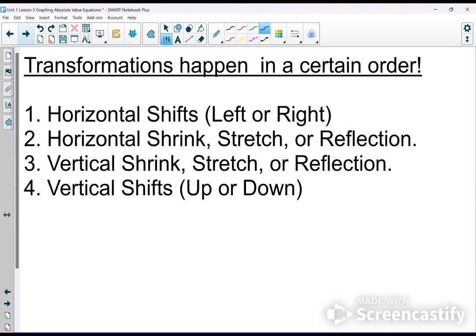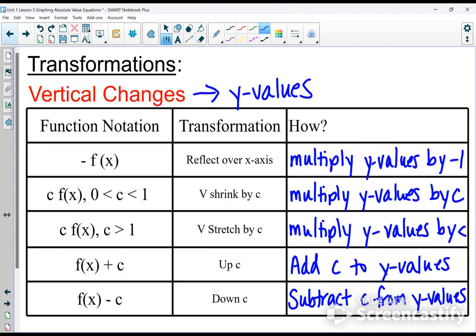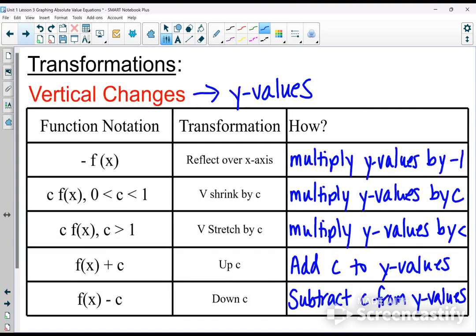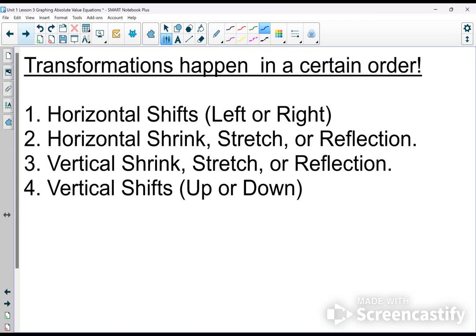If they are on the same step, then the order of them doesn't necessarily matter. I tell my students it's much easier to just go in order of your chart. You want to describe the transformations from the horizontal chart first from top to bottom, and then the vertical chart from top to bottom. But here are some good guidelines for it.